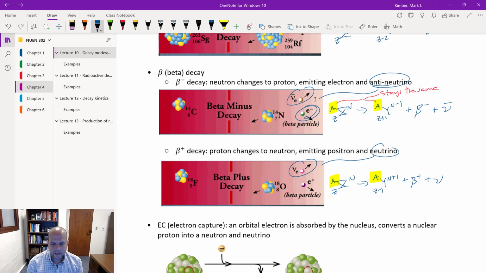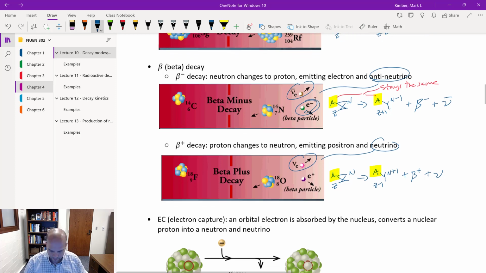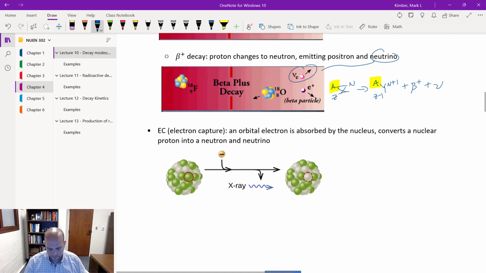And closely related to this beta plus decay is the electron capture here, which instead of an electron or a positron in this case, that's what this beta particle would be. So this is often called positron decay, the beta plus decay.